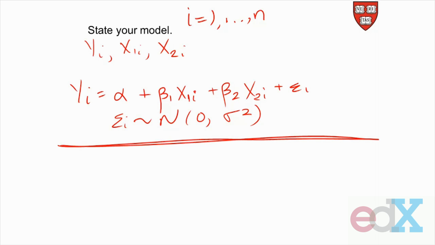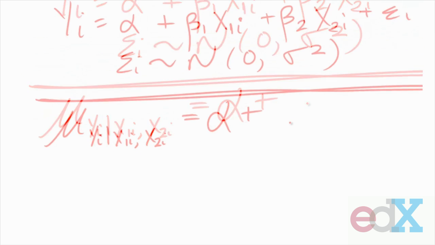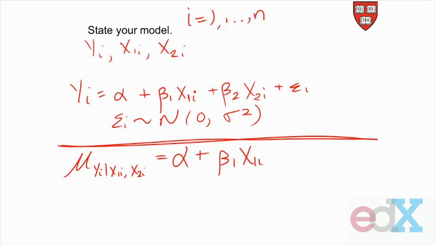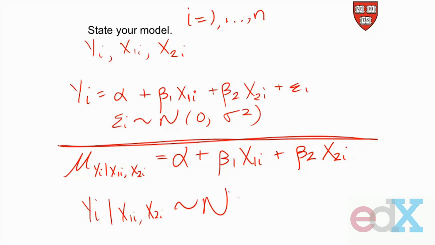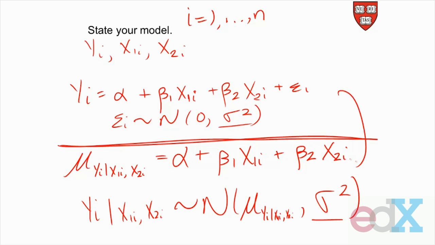As we've seen in the previous tutorials, we could alternatively write this model as the mean mu of yi given x1 and x2 is equal to alpha plus beta 1 x1 plus beta 2 x2. And we could say that yi given x1 and x2 follows a normal distribution with mean equal to this mu and variance sigma squared. Those are equivalent. These are exactly the same model.